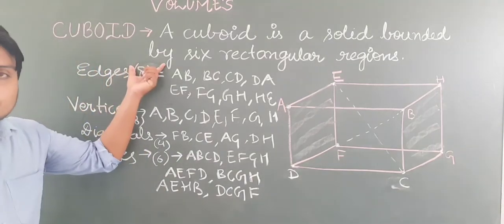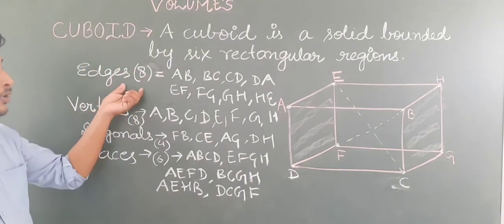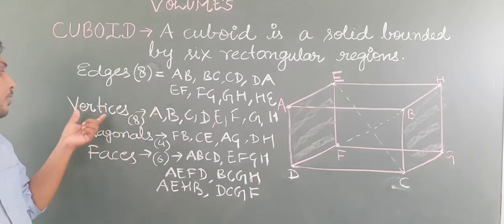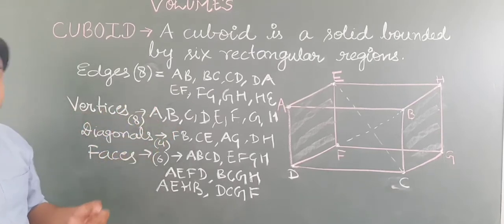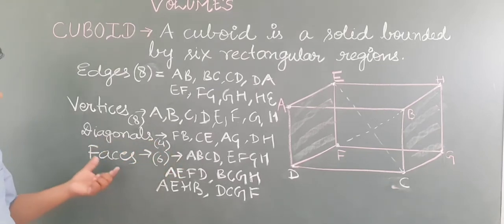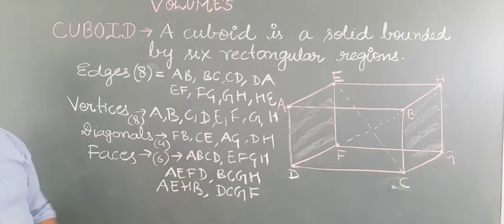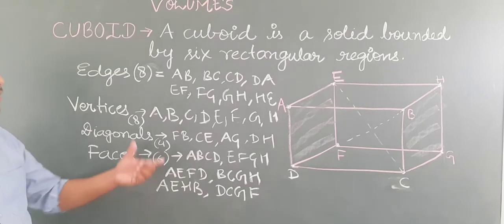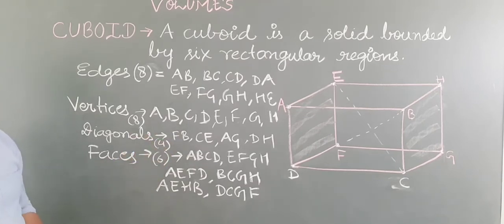The definition of cuboid, edges, total 8 edges are there, vertices, 8 vertices are there, 4 diagonals are there, and all the 6 faces by which this cuboid is bounded. Now whatever is written on the board, just note it down with the figure also. Pause the video and note it down.